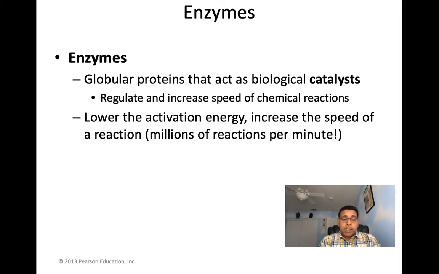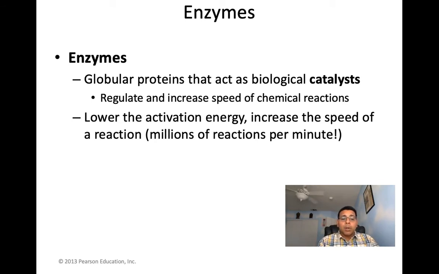Catalysts are substances that are going to regulate and accelerate the rate of biochemical reactions, but they themselves are not used up in the reaction, nor are they going to be changed in the reaction. So they go in and they make their way out of the reaction without ever having been changed, but the reaction is going to have taken place.